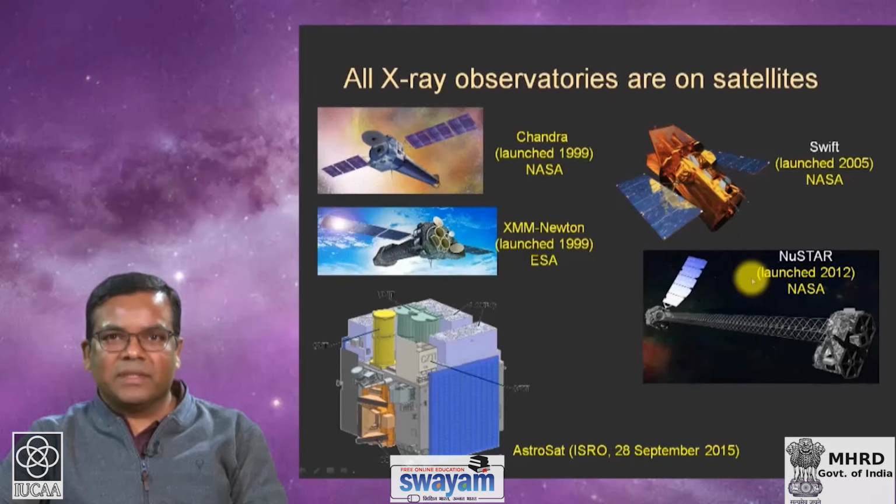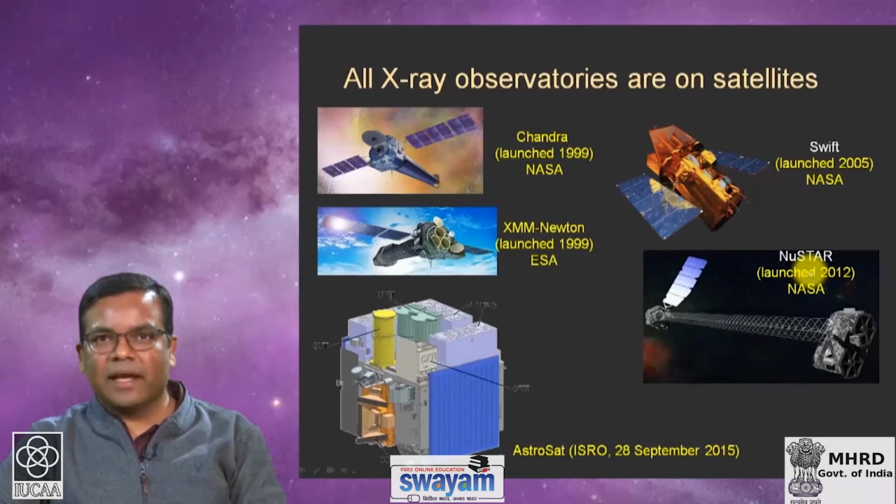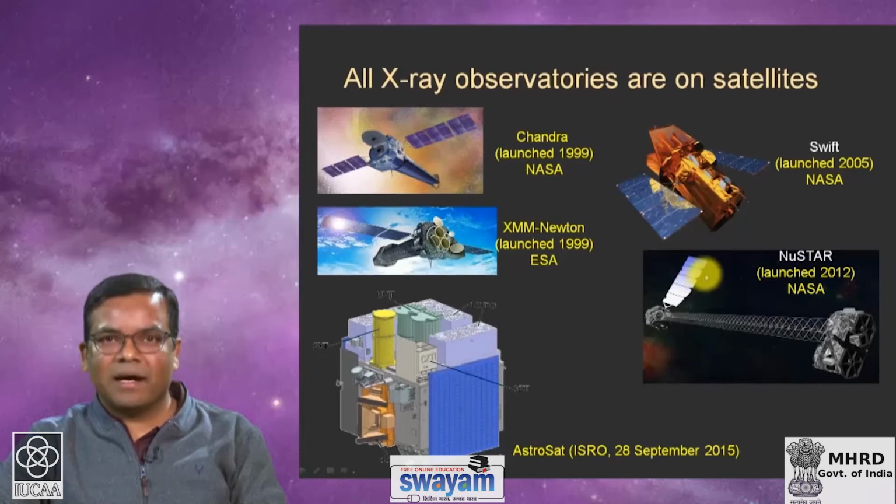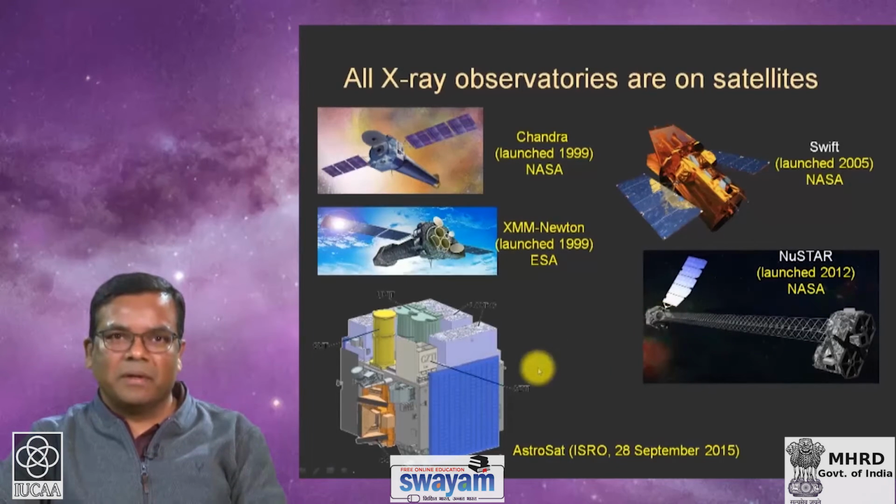The NuSTAR mission by NASA was launched in 2012. This is the one satellite which has hard X-ray optics and is sensitive in the hard X-rays from 3 to 80 keV.